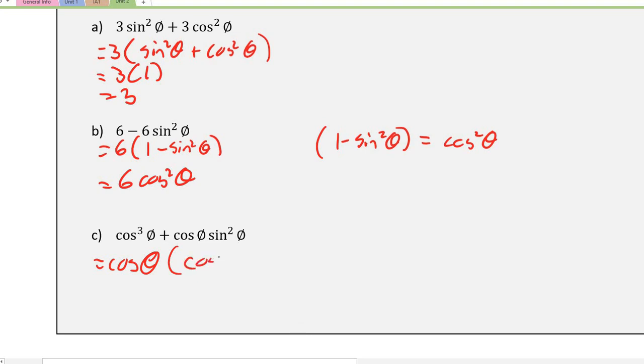Cos squared. Cos squared theta. What's left in this second term? Sine squared theta. Is there anything we can cancel from there or substitute or anything like that? Yeah. Cos squared plus sine squared is just equal to 1. So our final answer is cos theta.